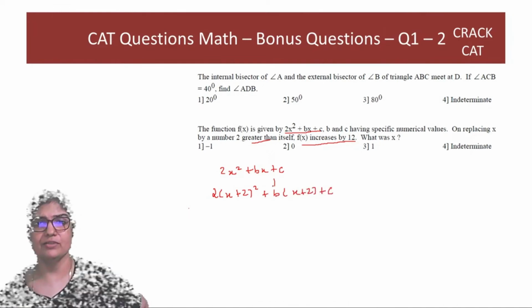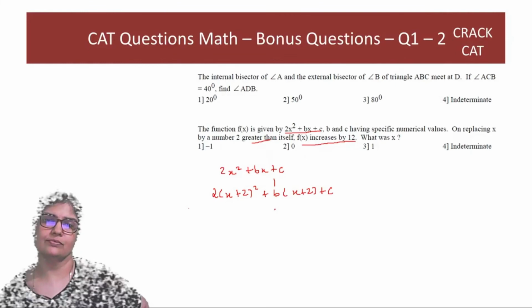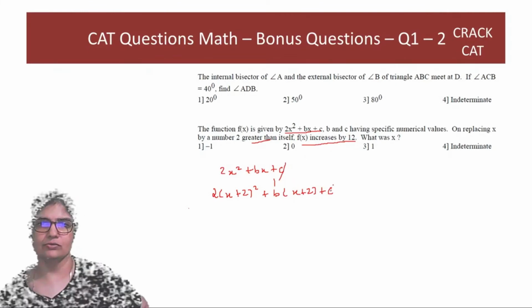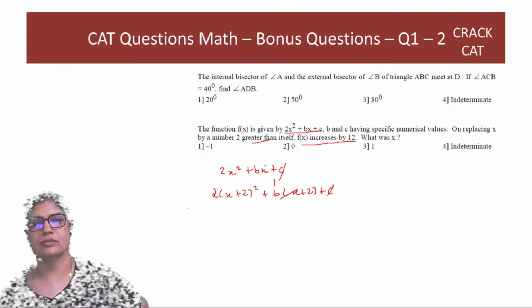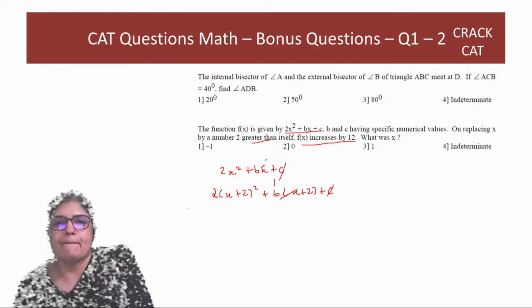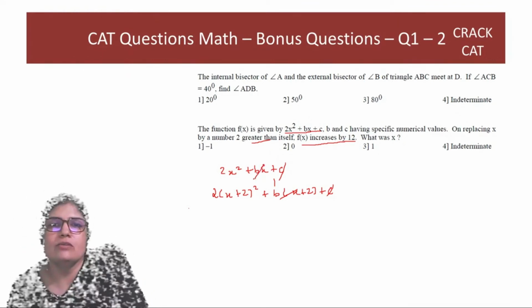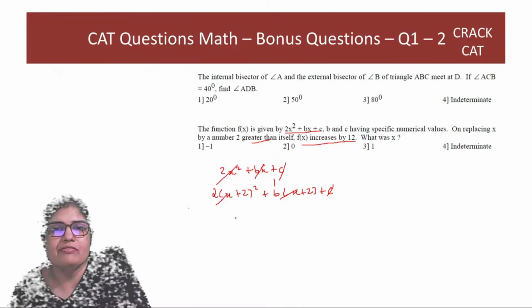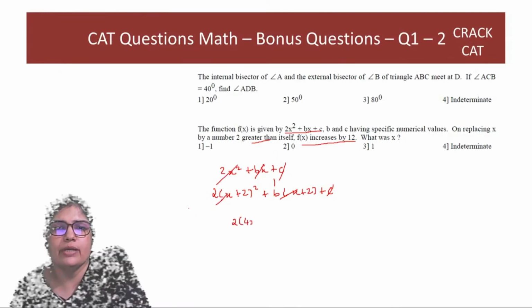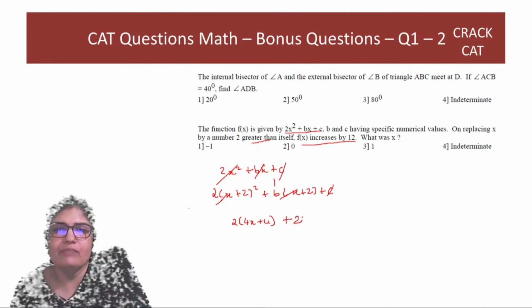Now when you take the difference, guys, c will cancel off, bx will also cancel off, 2x square will also cancel off, and you will be left with 2 times 4x plus 4, and you will be left with 2b.